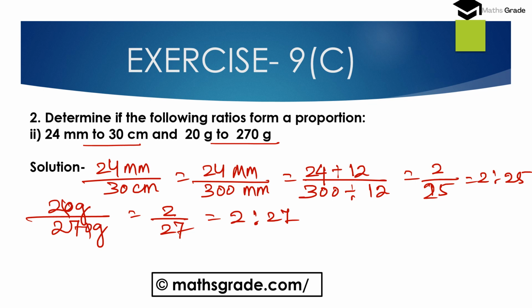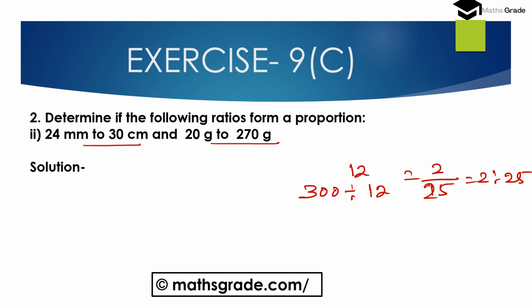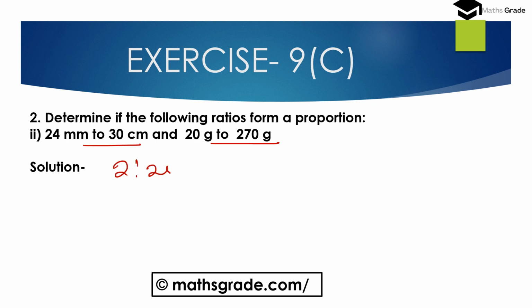Now 2 is to 25 is not equal to 2 is to 27. Both the ratios are not equal.